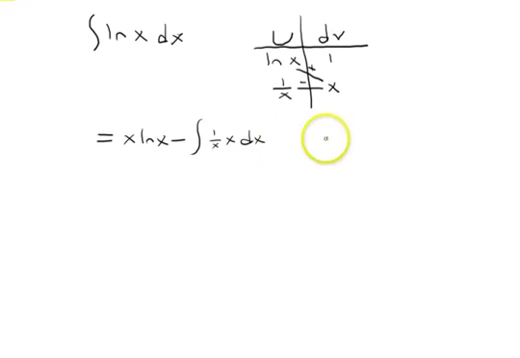So in that case, x divided by x is 1, so this integral is easy to evaluate. So we've got x ln x minus the integral of 1 is x plus c. All right, and that would be my answer. So in this case, we had to be a bit creative and use dv as 1. Let's try another problem where we need to be creative as well.